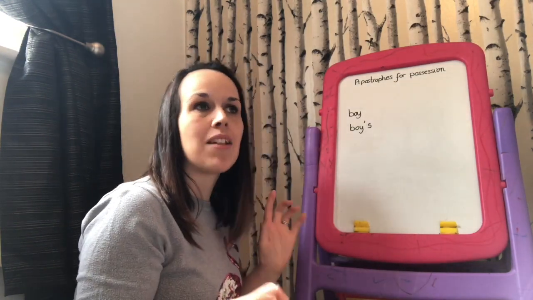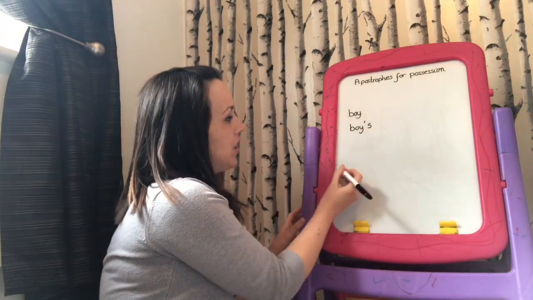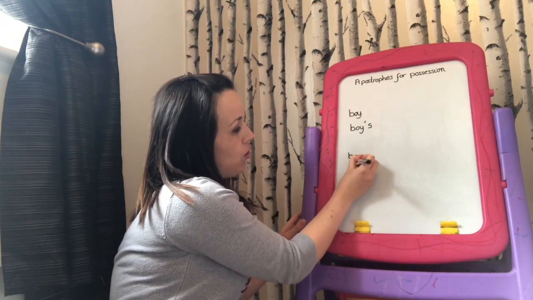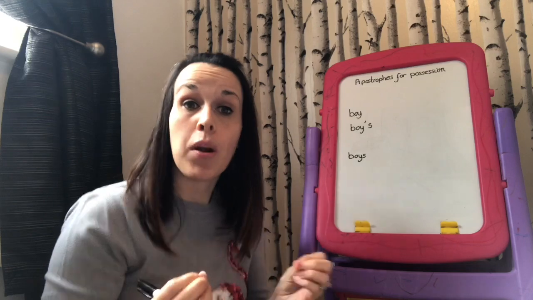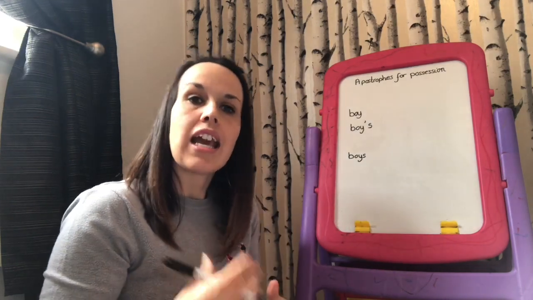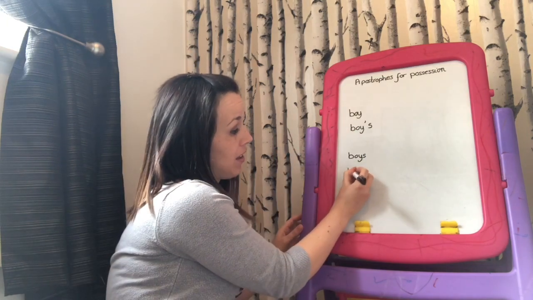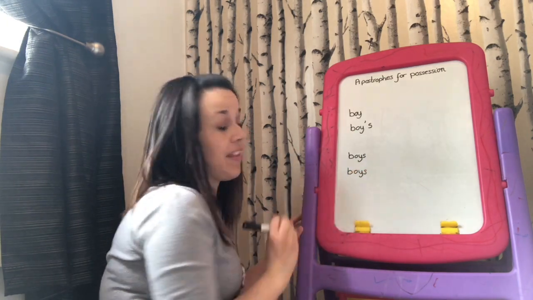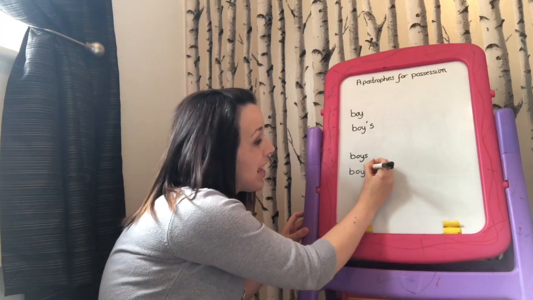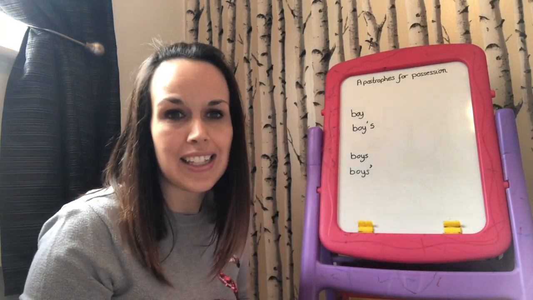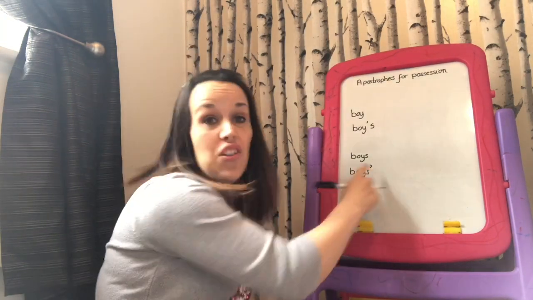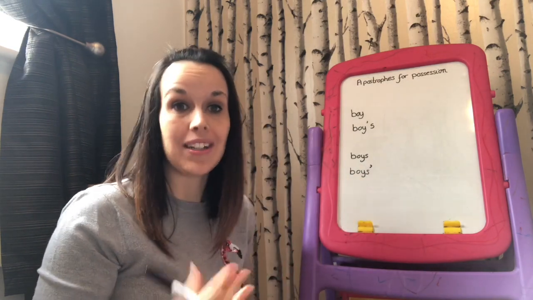Plural nouns mean more than one person or thing. So here, the word boys is plural, meaning more than one. If I wanted to show that the shoes belong to all of these boys, then I would write an apostrophe after the S. I don't need to write another S afterwards, it is not needed.